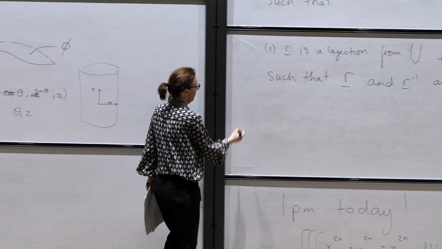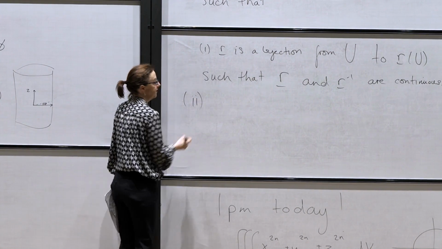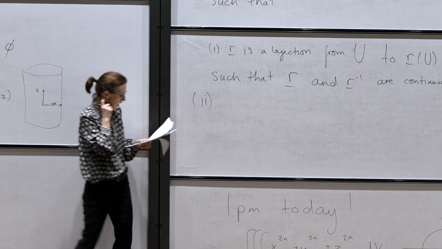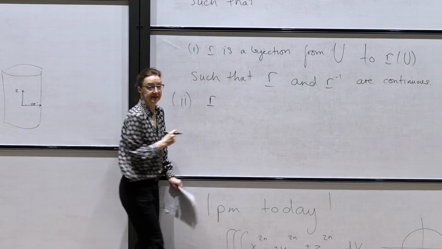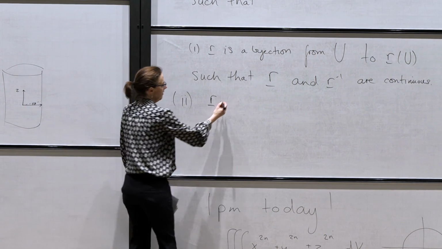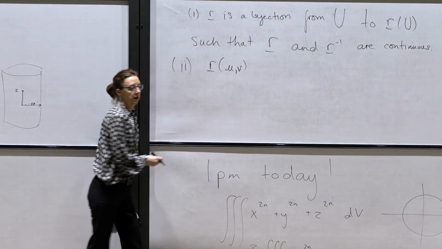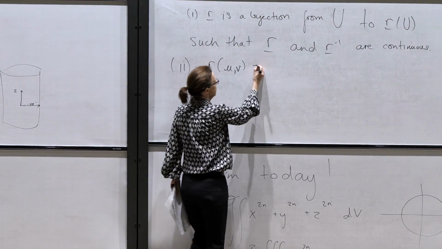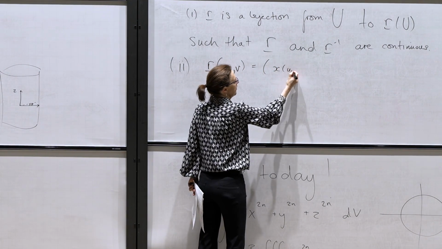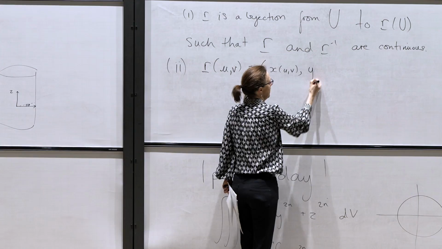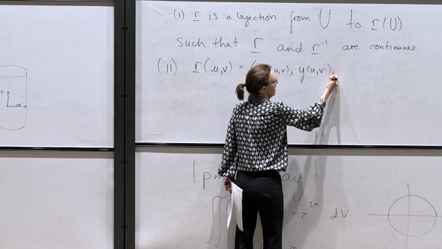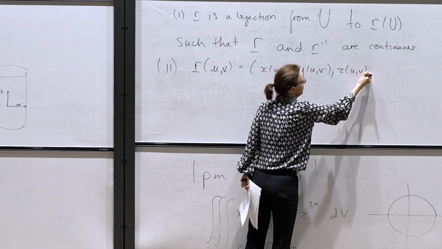And then the second property that we need is that r, so here's my position vector, which is parameterized by the coordinates little u and little v. And so I can write that as x of u and v, y of u and v, and z of u and v.